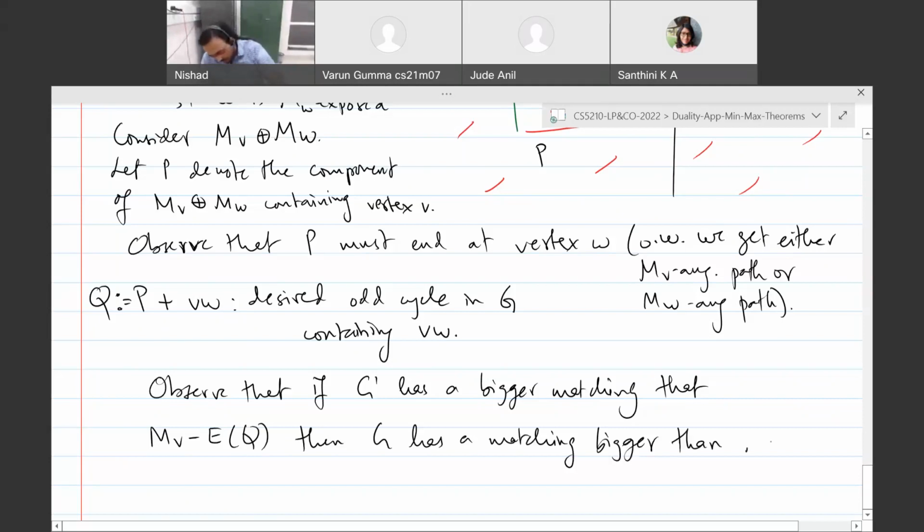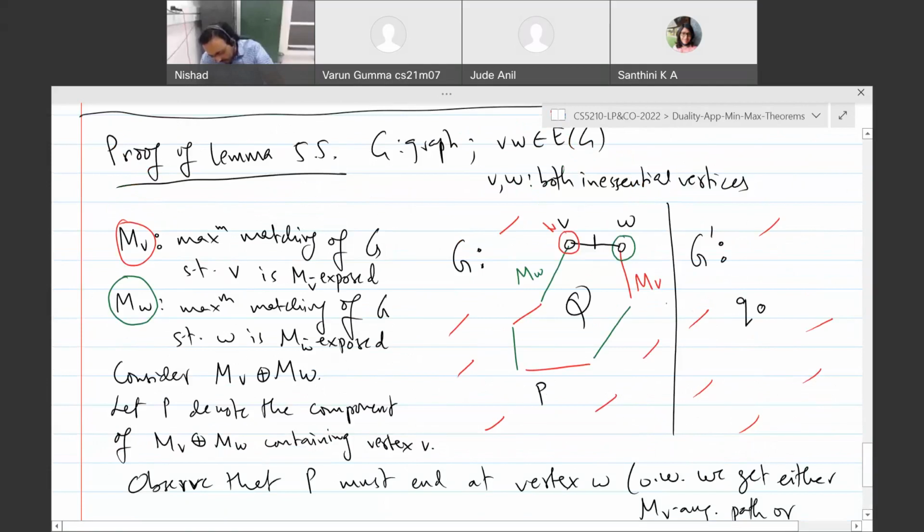But that is a contradiction because MV was a maximum matching. Of course, I could have done the same thing with MW. Which means that this matching here, MV minus the edges of the cycle, is a maximum matching, and it misses the vertex q. q is exposed. Therefore, q is inessential by definition. There is a maximum matching in G prime that leaves the little q as an exposed vertex. So by definition, q is inessential in G prime.